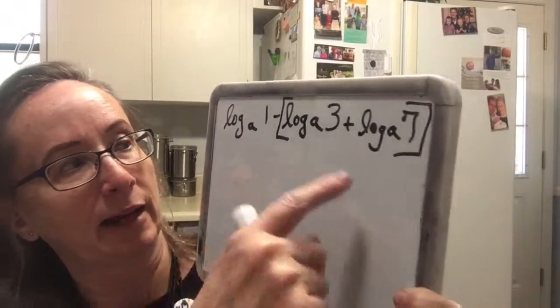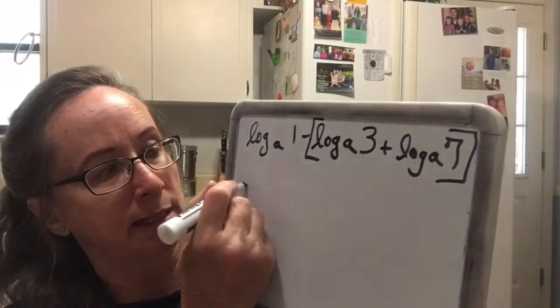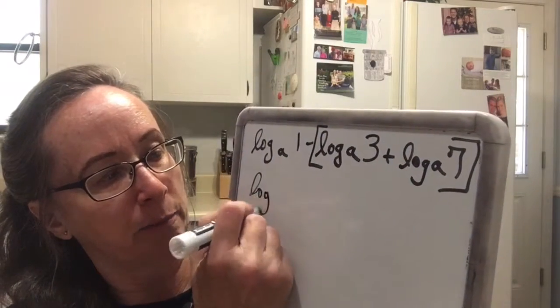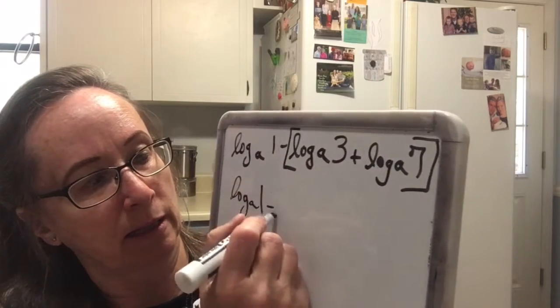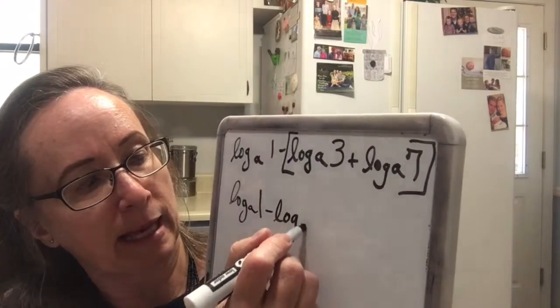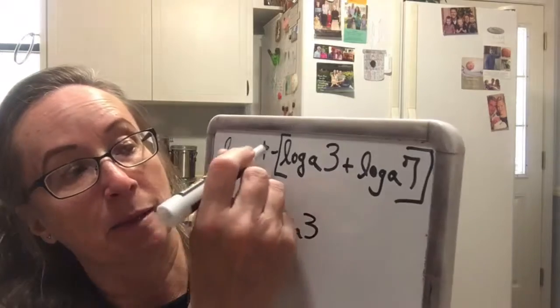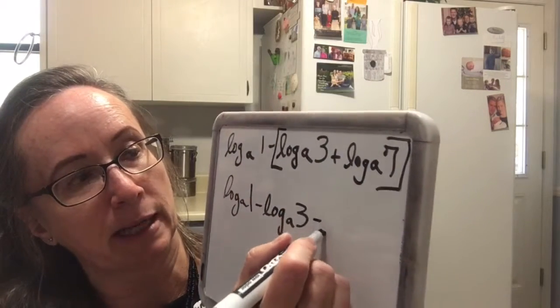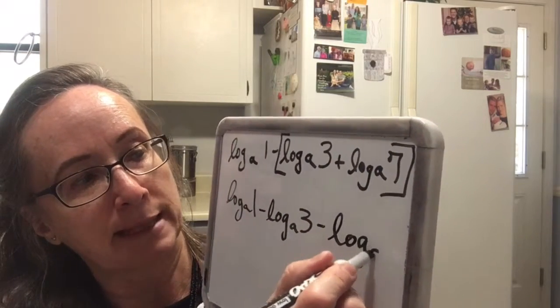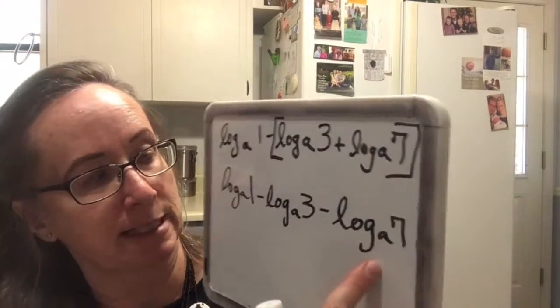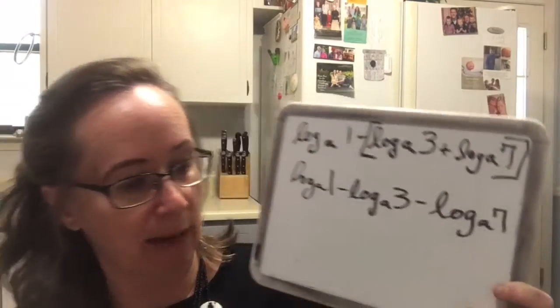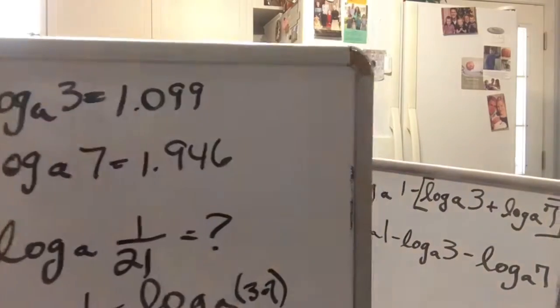Okay, so now that I've got that, let's go ahead and distribute the minus sign. We got log base a of 1 minus log base a of 3, and then the minus distributes, so we get minus log base a of 7. Now they've given us this one, and they've given us this one, because that was in our initial problem.